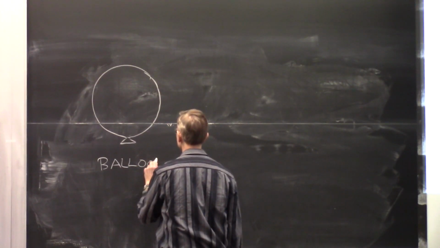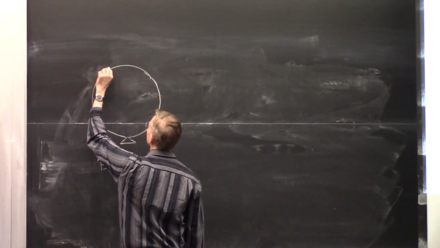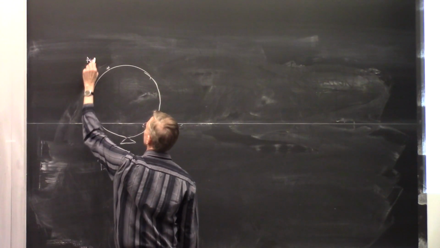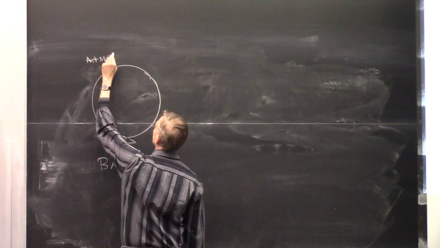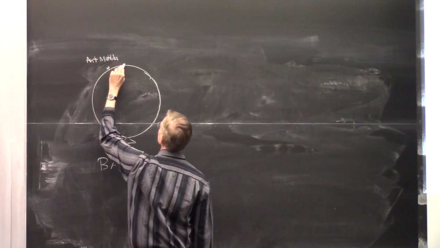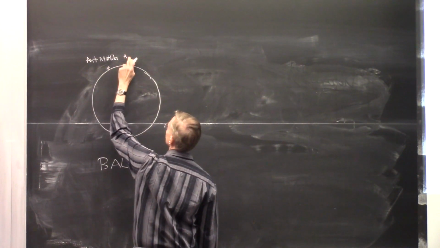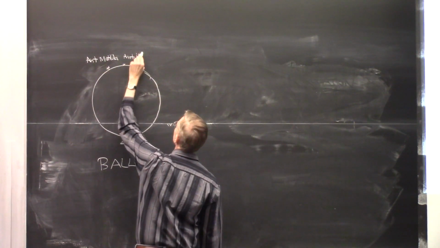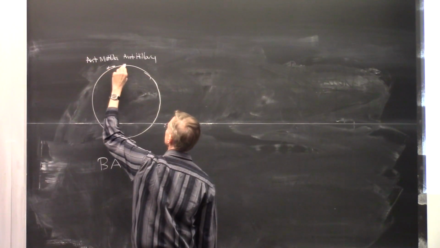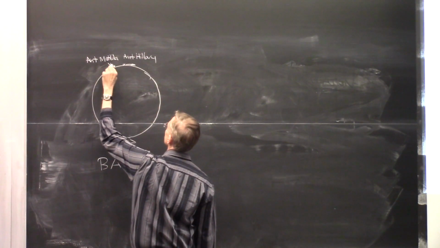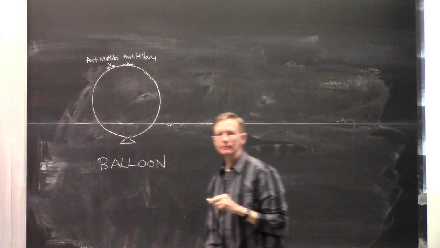Okay, it's a balloon. And here is an ant, let's make her Matilda. And here, that's Aunt Hillary. And Aunt Hillary and Aunt Matilda are both crawling along the surface of the balloon at exactly the same speed, v.